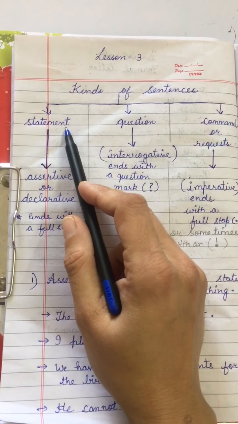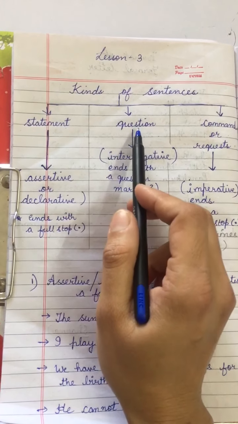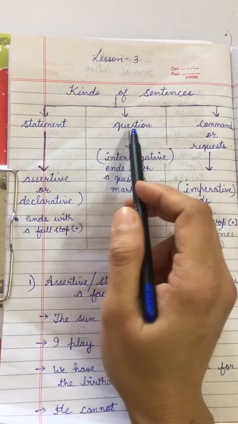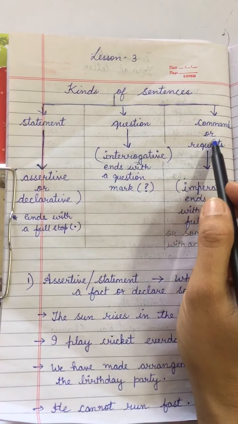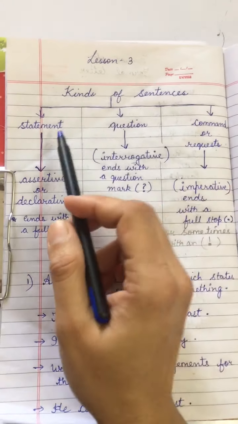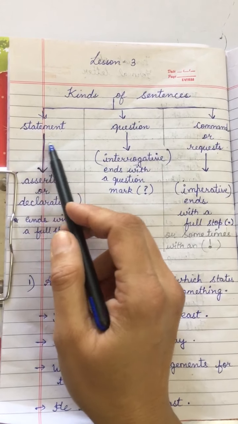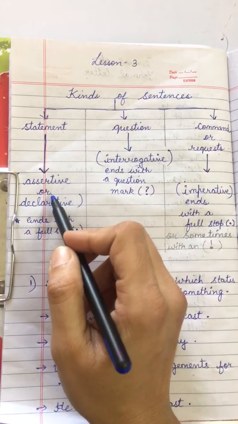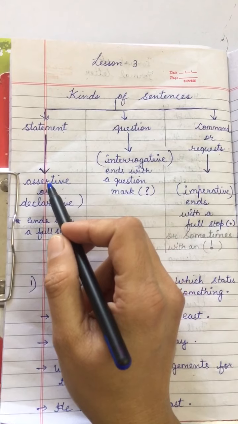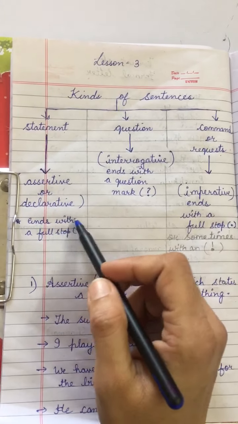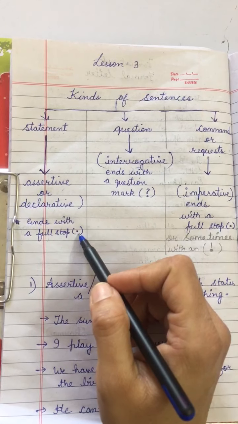Number 1 is statement sentences, the other one is question, and the third one is command or request. Now my statement sentences are also called assertive or declarative. These end with a full stop.